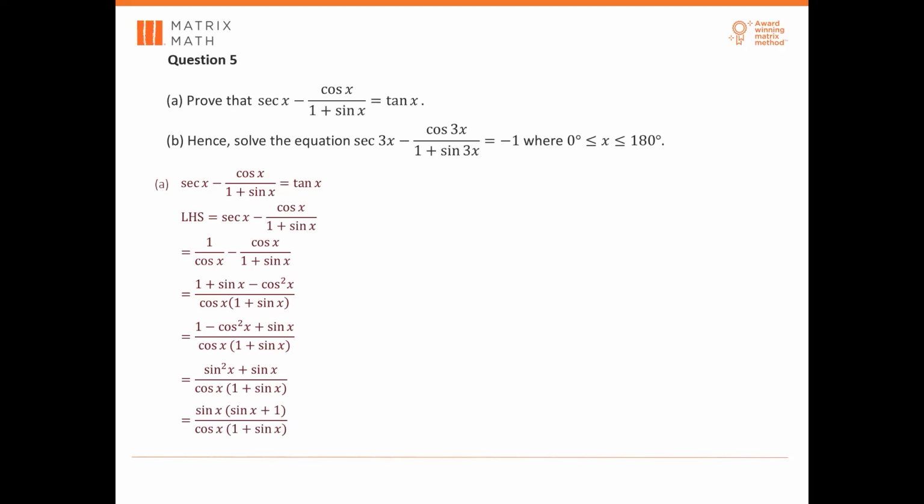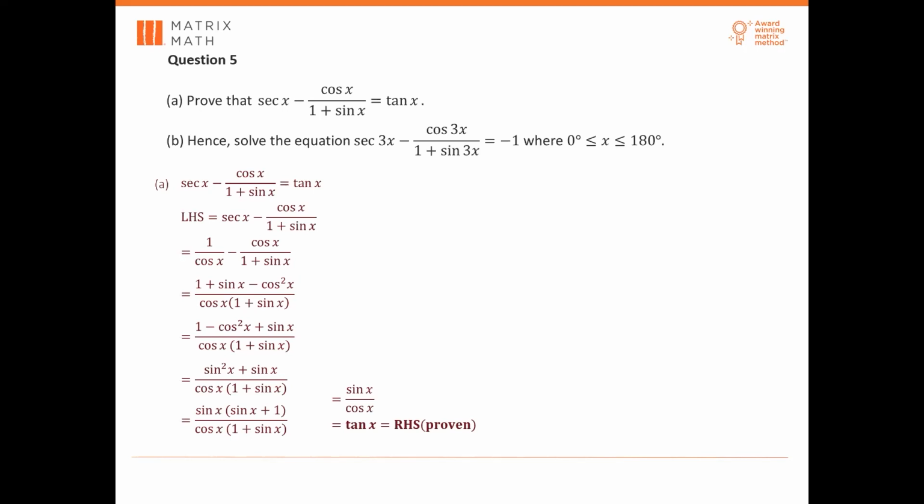You get the following. So you can cancel the sine x plus 1 and the sine x plus 1 top and bottom, leaving you with sine x over cosine x. Sine x over cosine x is basically tangent x, which equals to the right-hand side. Proven.